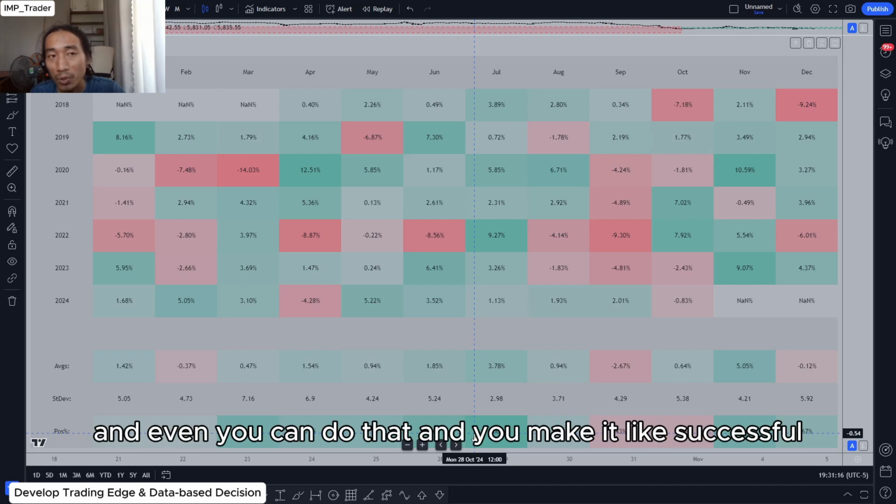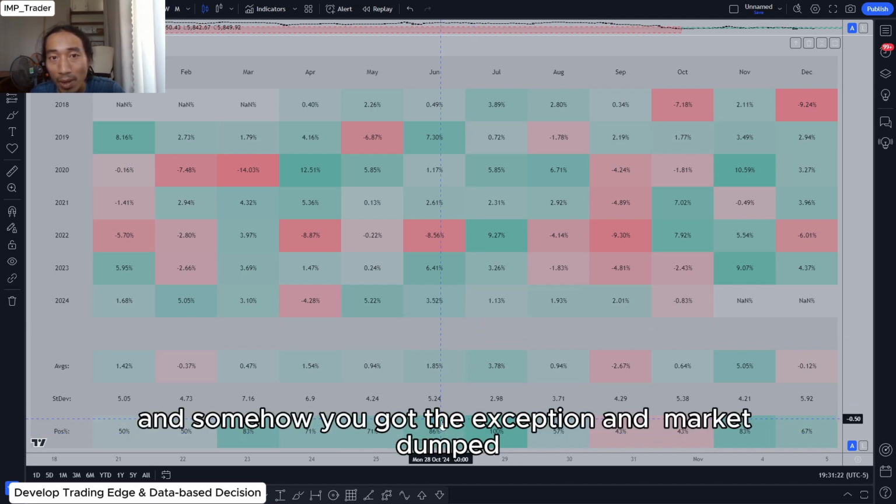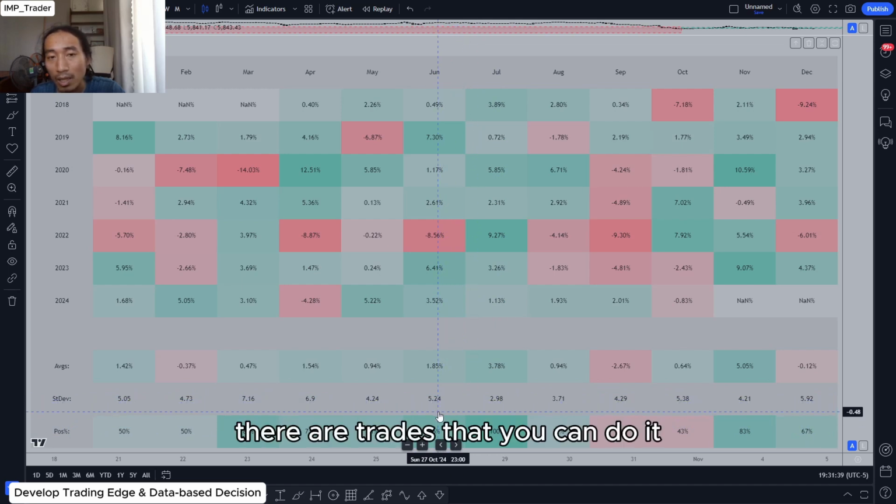And even if you do that and you're successful catching the top, and somehow you got the exception and the market dumps, looking at the stock, looking at the data, I'm going to say that there are trades that you can do, but it doesn't mean that you should.